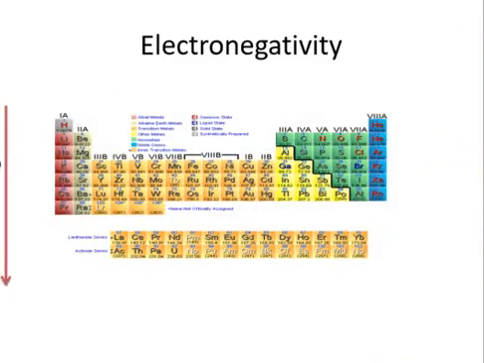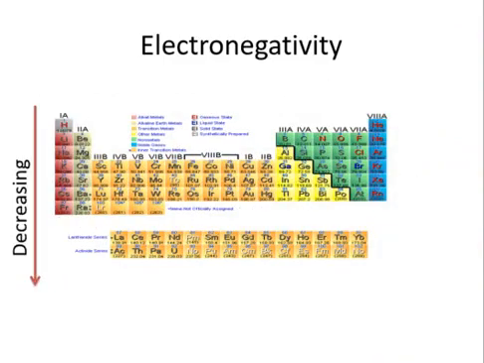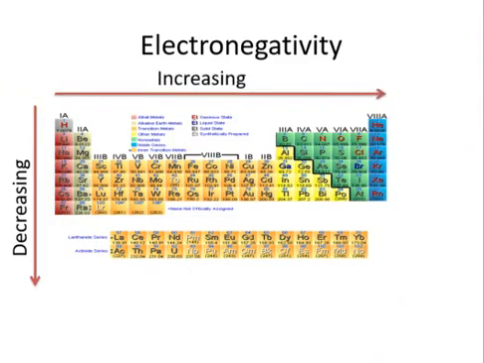So in an illustration, it decreases as you go down, it increases as you go across. Francium is your lowest with an electronegativity value of 0.7, and fluorine is your highest with an electronegativity value of 3.98.